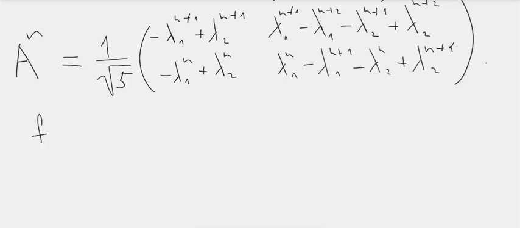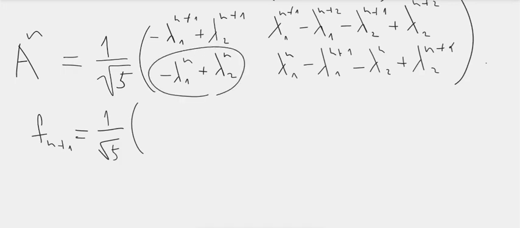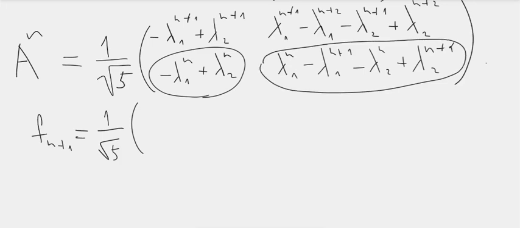So f n plus 1 would be equal to 1 over square root of 5, and here it should be the sum of the bottom two elements in this matrix.